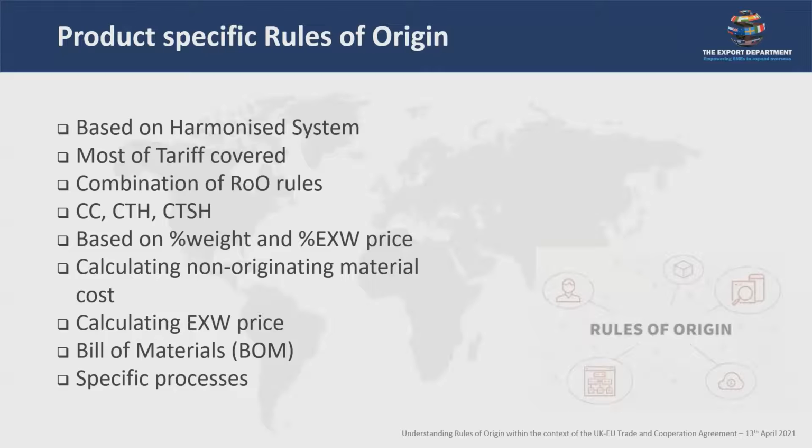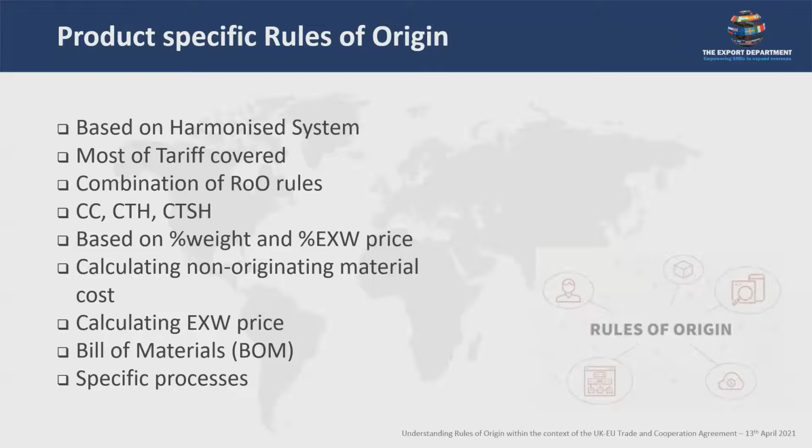Some product specific rules might say that it requires a change in chapter. Some may say it requires a change in tariff heading, and some say that it may require a change in tariff subheading. So chapter being the first 2 digits, tariff heading being the first 4, and then tariff subheading being the first 6. So you'll see that.